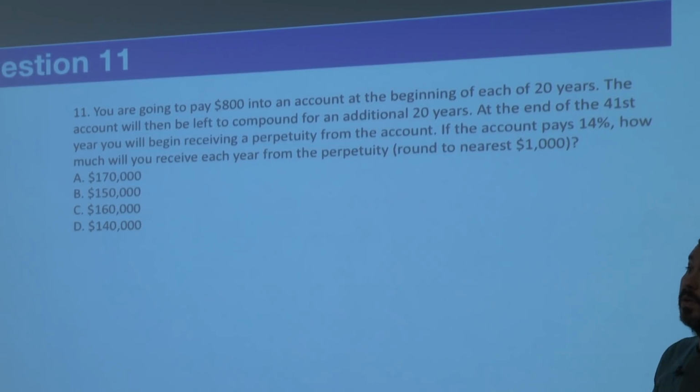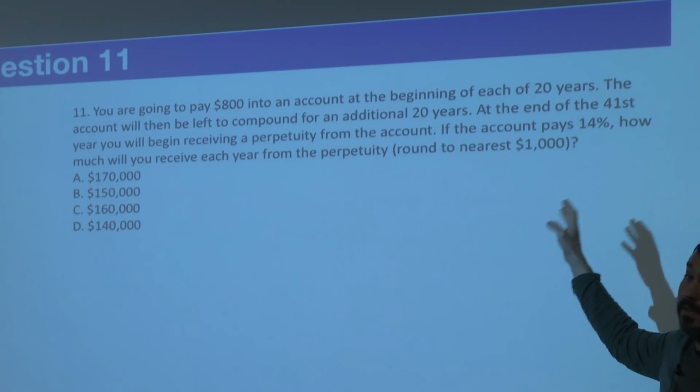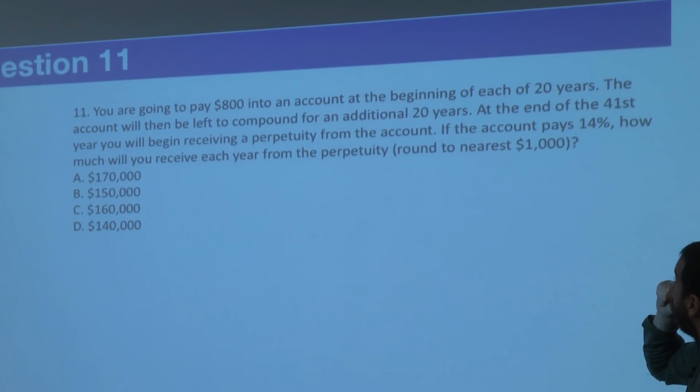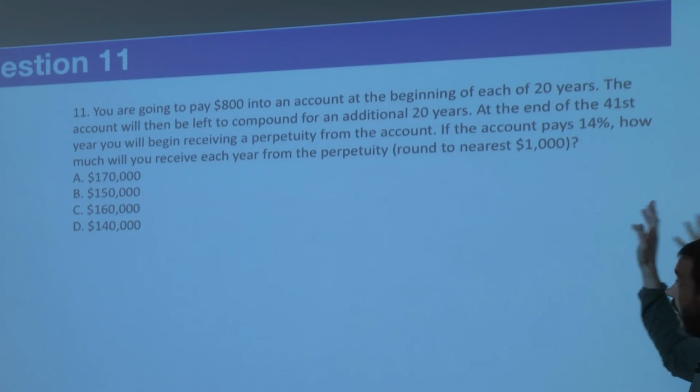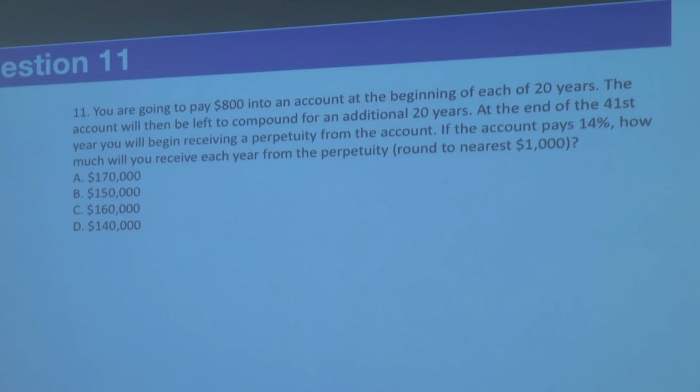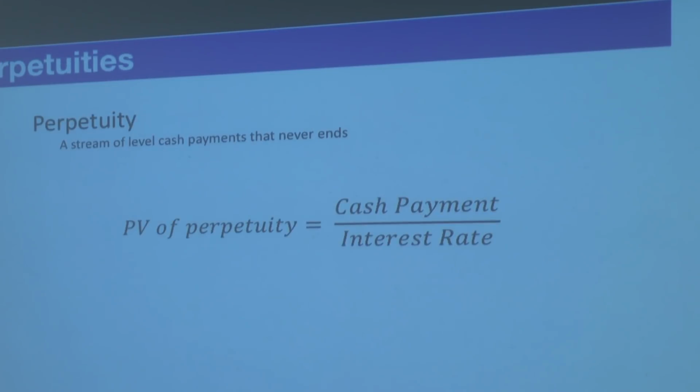It's the money you would accumulate if you actually did this for 40 years. For the first 20 years you pay $800, and then you stop paying into this account, but you still leave it there, and in the end, what would you find there? This amount.